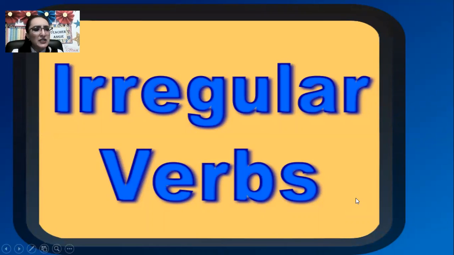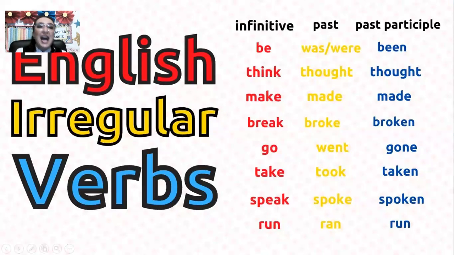Now that we were talking about regular verbs, let's continue with the second part of the topic, which is going to be the irregular verbs. Irregular verbs, excellent. And you already know, I think, that there are different stages when we are talking about verbs.